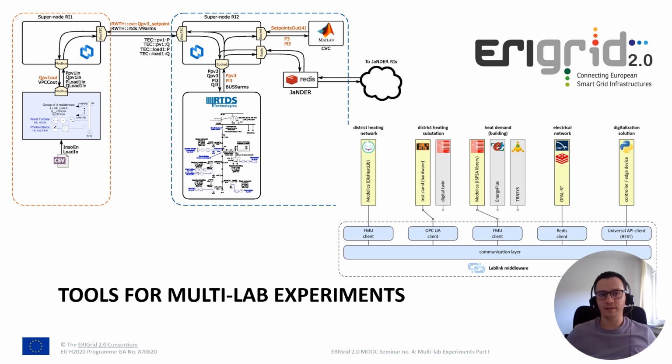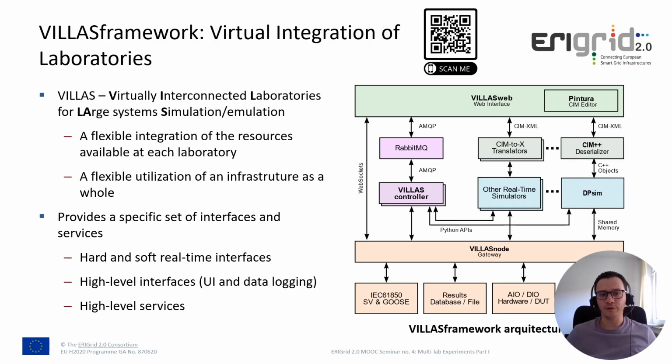Now let's have a look at some of the existing communication interfaces for multi-lab experiments. The first one is the VILLAS framework, which is a toolset that facilitates the setup of co-simulation scenarios. It's an open source project consisting of the VILLAS Node Gateway, which is a high-performance communications gateway supporting protocols like IP-UDP, MQTT, Modbus, and IEC 61850.